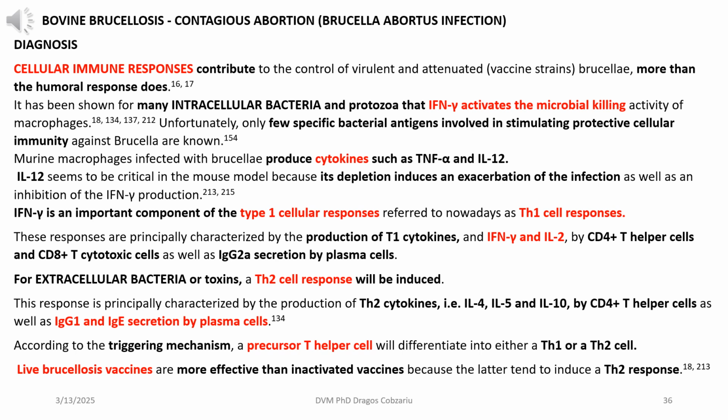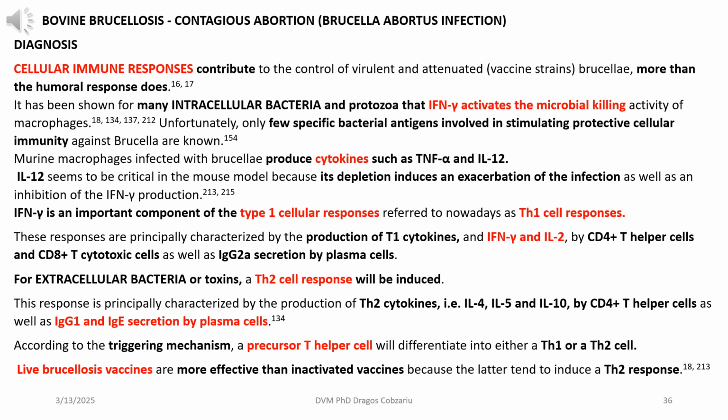For extracellular bacteria or toxins, a Th2 cell response will be induced. This response is principally characterized by the production of Th2 cytokines, i.e., IL-4, IL-5 and IL-10, by CD4 plus T helper cells, as well as IgG1 and IgA secretion by plasma cells.